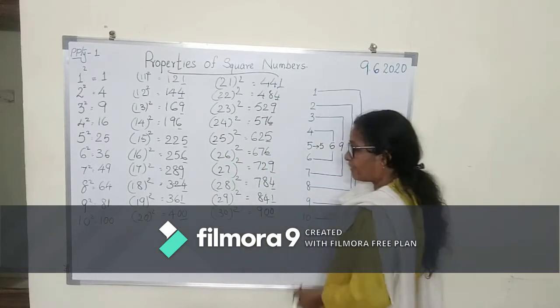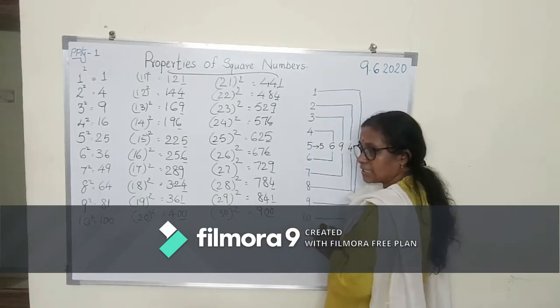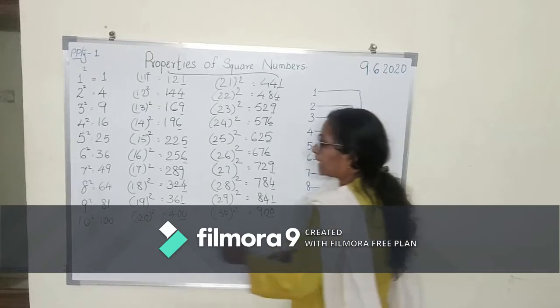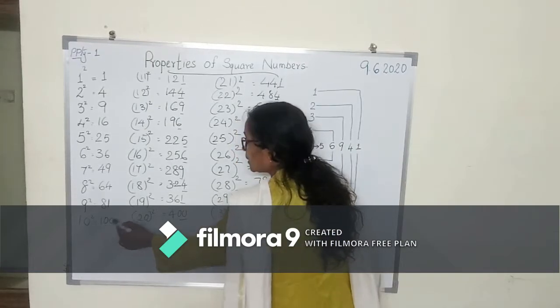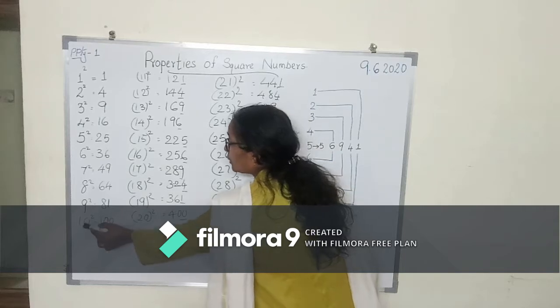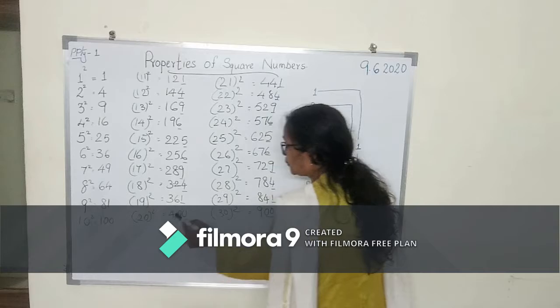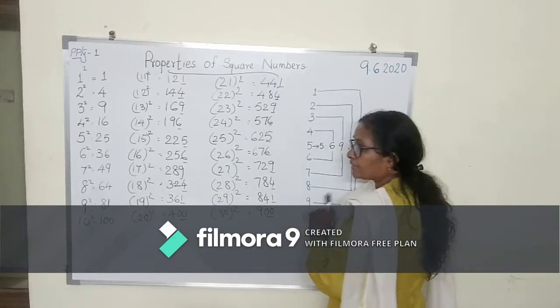Unit place is 1. 29 square is 841. The unit place is 1. And 10 square is 100. 20 square is 400. See here 1 zero, so the square will have 2 zeros. 30 square is 900.